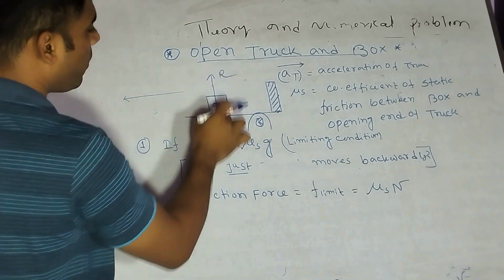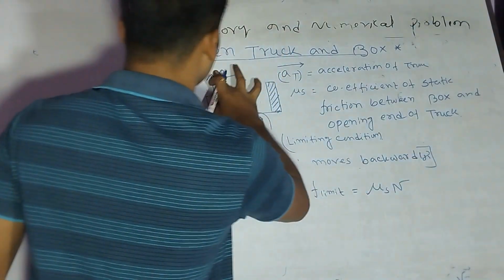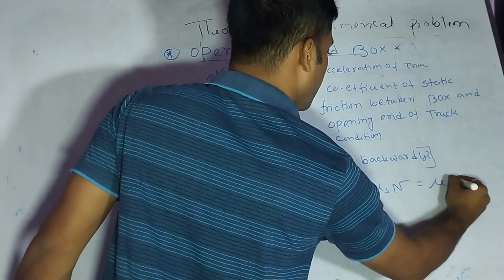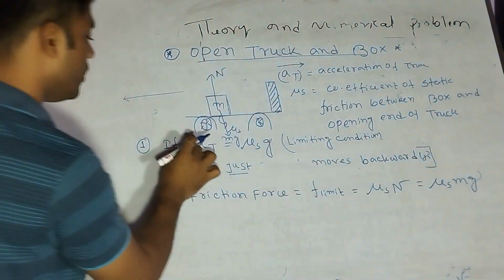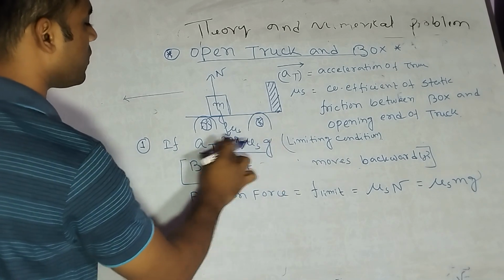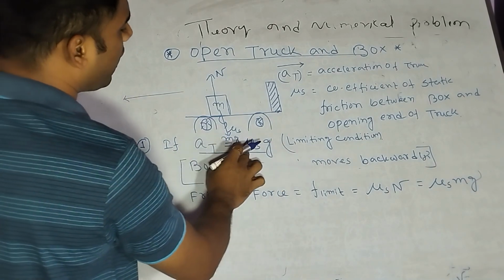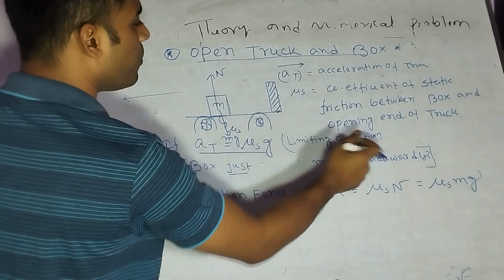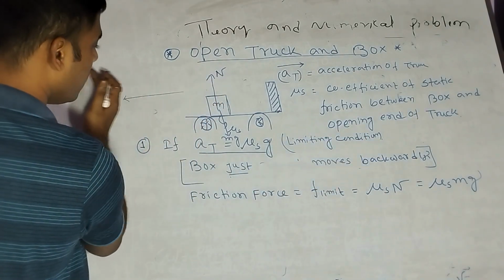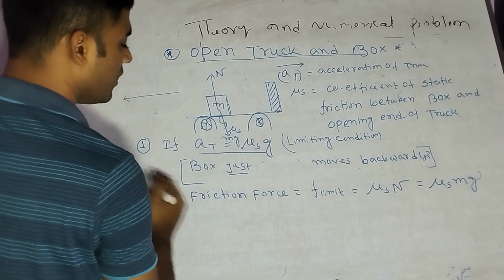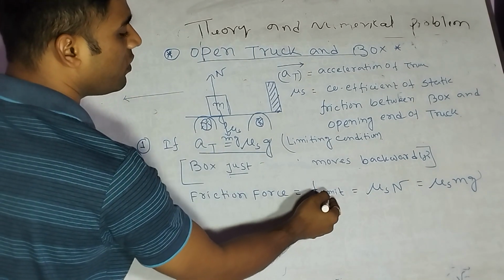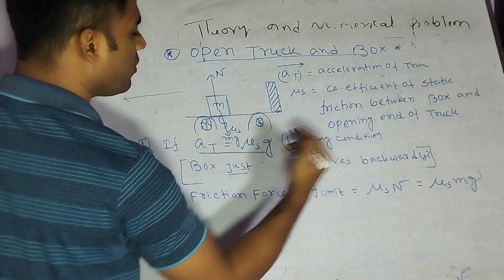So R balances mg. That means R or n are both equal. In this condition, if AT, the acceleration of the truck, is mu s into g, then the box just moves backwardly. That means the box moves in the negative x-axis. In this condition, the friction force is F limiting, that is mu s n or mu s mg.